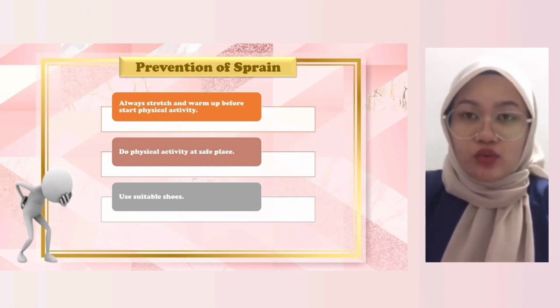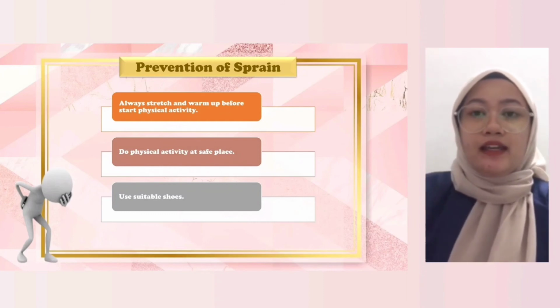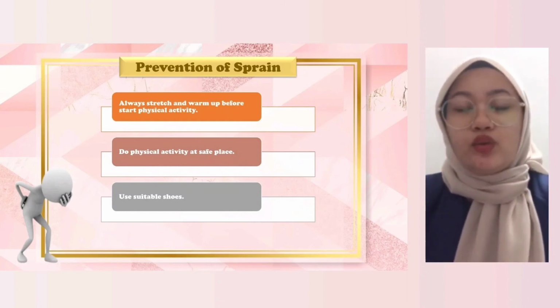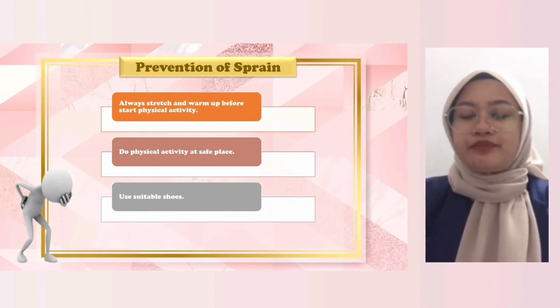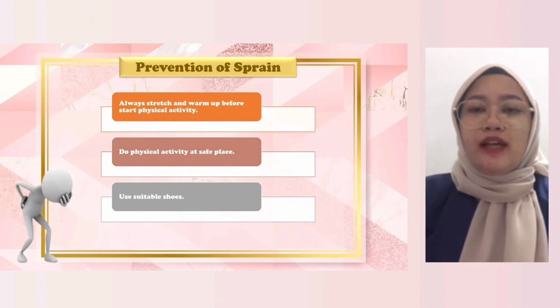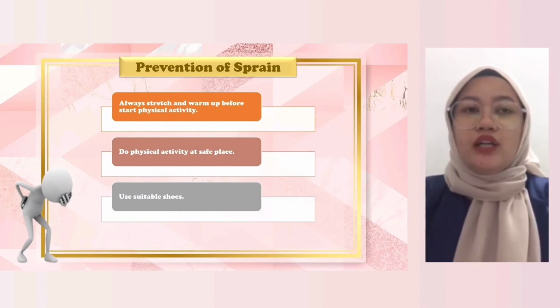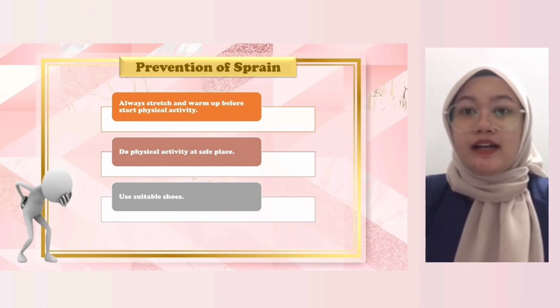And the second one, do physical activity at a safe place. Do not do any physical activity when you are at an unsafe place, such as jogging at a mountain or jogging on uneven surface like grass.